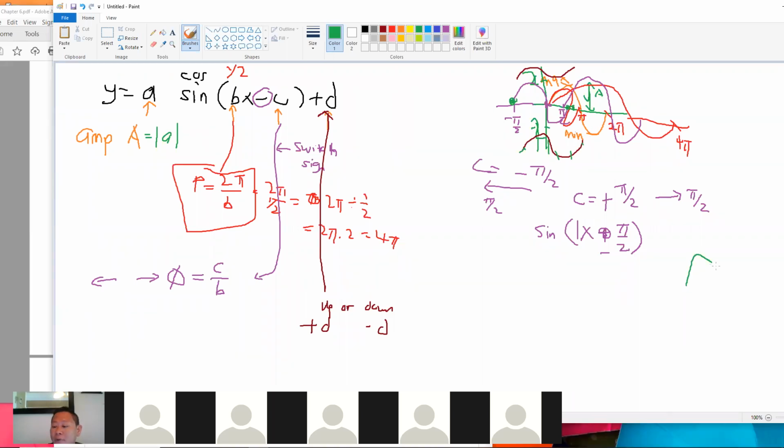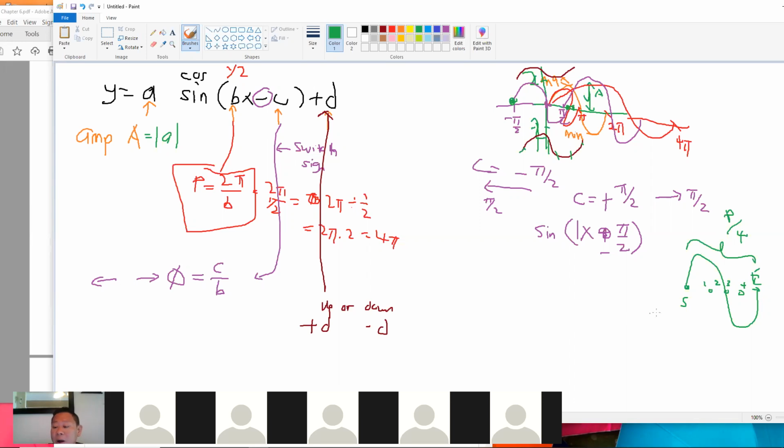Every time you have a full sine graph, if you know where it starts and where it ends, we just need to divide the period by 4. Then you can figure out the rest of the coordinates, because there are 4 quadrants: 1, 2, 3, 4. That's the reason why we divide this by 4, so we will get all 4 different points.